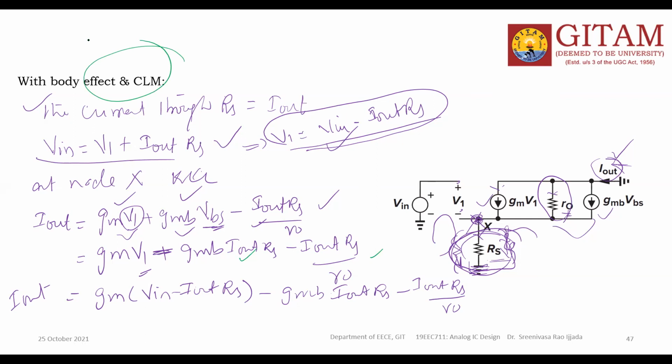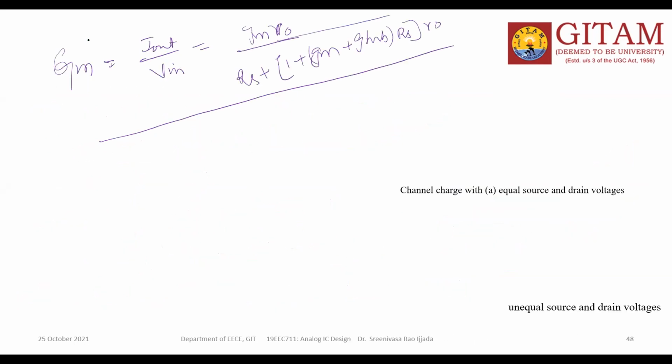But that equation did not include the body effect and channel length modulation. Now we included them. So finally GM is equal to small gm into R naught by Rs plus 1 plus gmb into Rs, and that overall factor is multiplied with R naught.